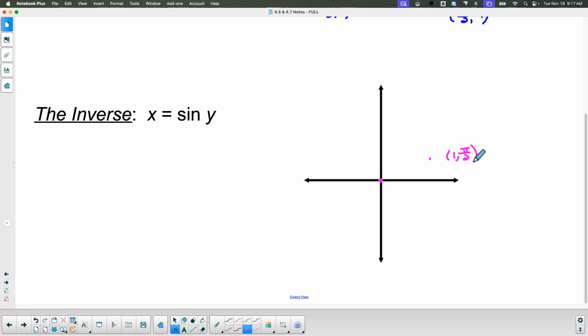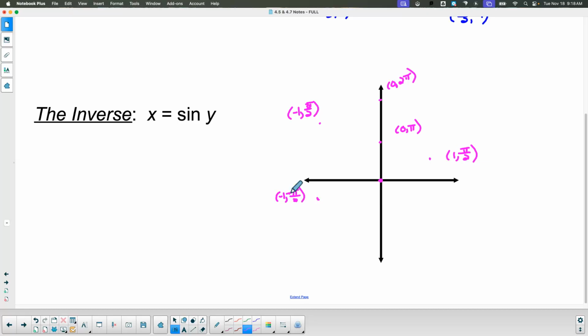Then it went through the point pi, comma, 0, which would become the point 0, comma, pi. Then it went through the point 3 pi over 2, comma, -1, which would become the point -1, comma, 3 pi over 2. 2 pi, comma, 0 becomes 0, comma, 2 pi. Negative pi over 2, comma, -1 becomes -1, comma, negative pi over 2.